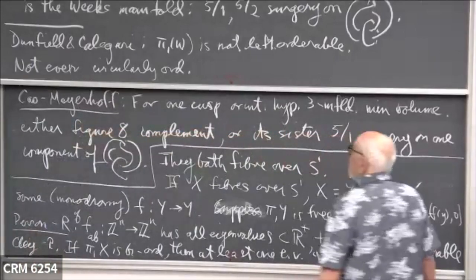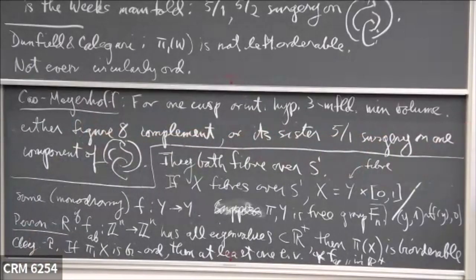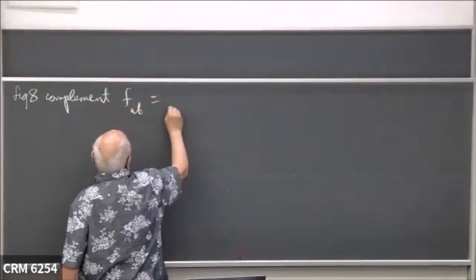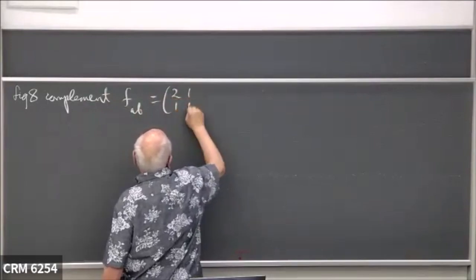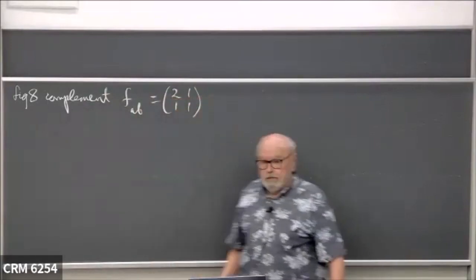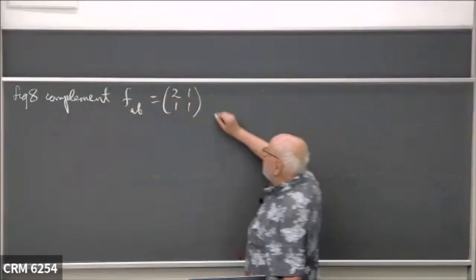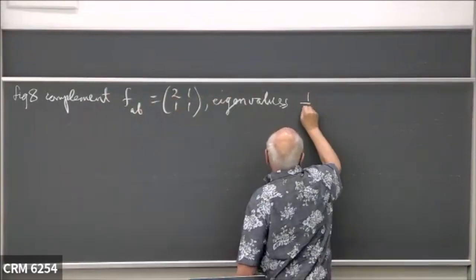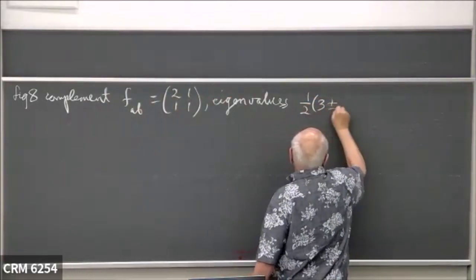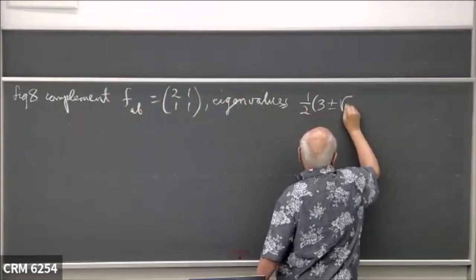So in the case of the figure 8 complement, this can be represented by the matrix (2 1; 1 1). This has eigenvalues 1/2 times 3 plus or minus √5.